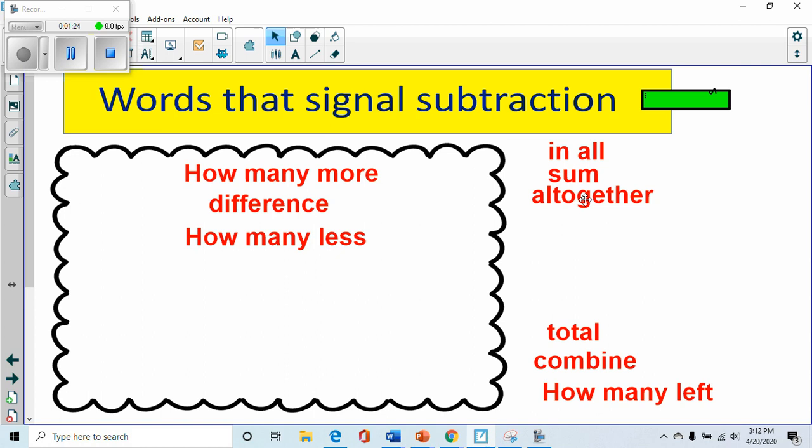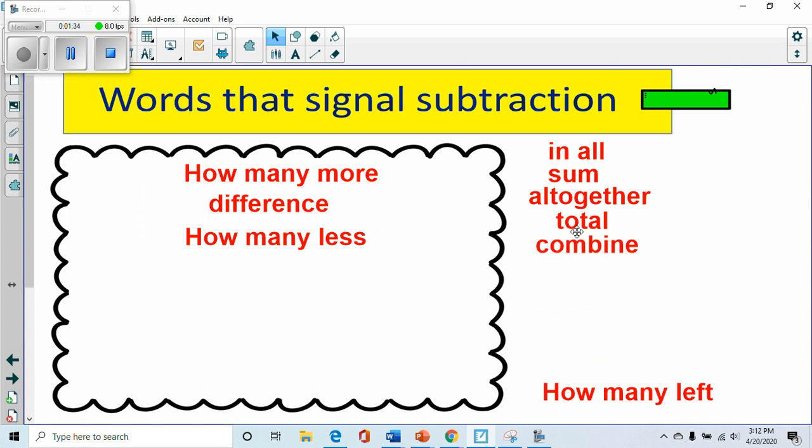Altogether is signaling me to add the numbers, as is total and combine. These words all are asking me to add numbers because they all have the idea of taking two numbers and putting them together or combining them or totaling them for an answer.